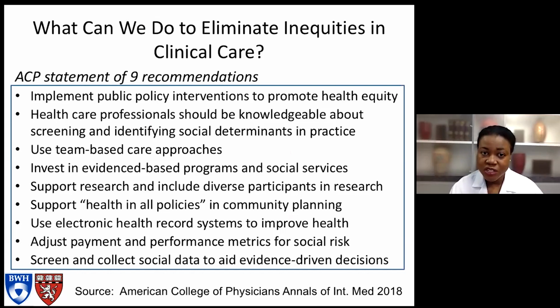There are 9 recommendations, including implementing policy interventions to promote health equity, that healthcare professionals should be knowledgeable about screening and identifying social determinants in practice, that we should use team-based care approaches, that we should invest in evidence-based programs and social services, support research and include diverse participants in research and clinical trials, that we support health in all policies and community planning, that we use electronic health systems to improve health and to understand data within our health systems, and that we adjust payment and performance metrics for social risks, as well as screening and collecting social data to aid evidence-driven decisions.